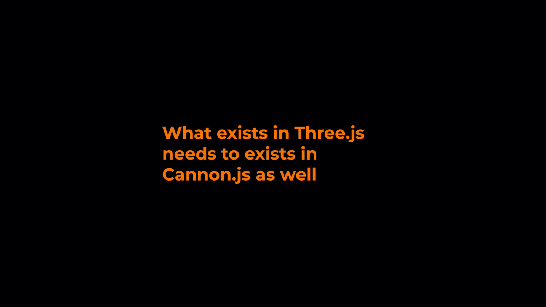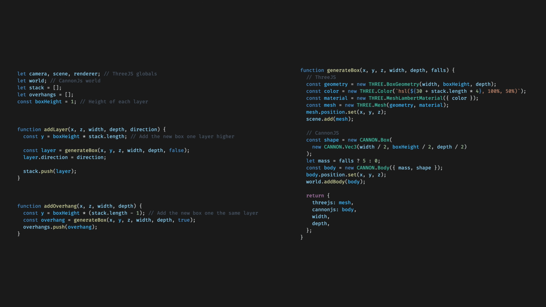Then we want to make sure that what exists in Three.js exists in cannonjs as well. We update the generateBox function. We create a body in a similar way we create a mesh. It has a shape that is also going to be a box. But be aware that while it's a very similar looking thing, there's a major difference here. When you define a box in Three.js, you set its size.